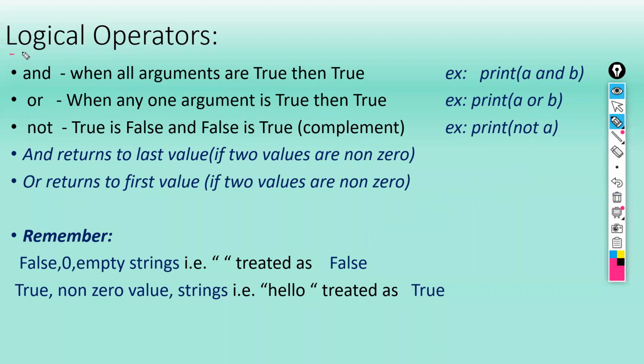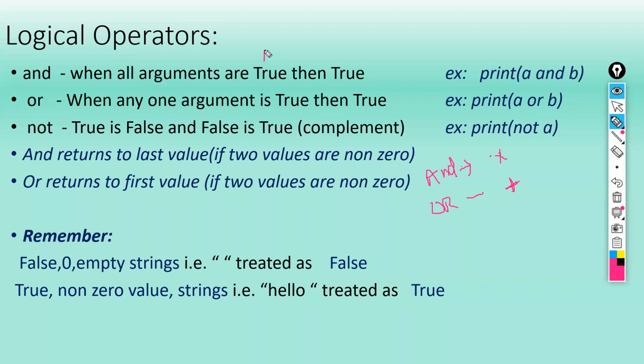These logical operators are applicable only to numerical and Boolean values. For easy understanding, let's take the AND operator as multiplication and the OR operator as plus.